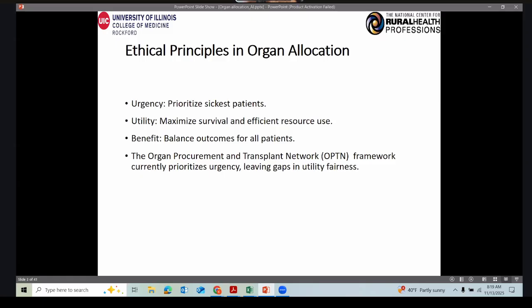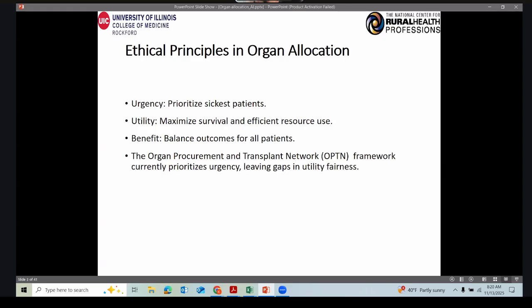Currently, the Organ Procurement and Transplantation Network primarily bases allocation on urgency. This means that the sickest persons are prioritized first, which is ethically justifiable. But this approach can sometimes leave gaps in utility and fairness. For instance, a very sick patient might receive an organ but have a low chance of long-term survival, while another patient who could have lived more years with a transplant might not get one in time.